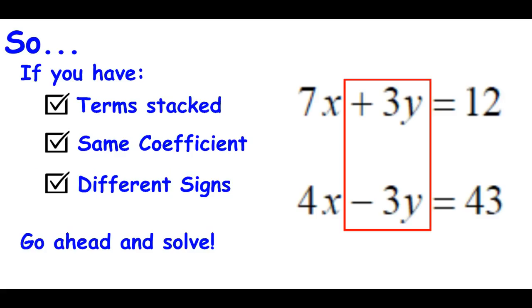If I have terms that are stacked, same coefficient, different signs, go ahead and get rid of that variable. Once you're done, plug it in for the other one. Pick one of the original equations. Solve for that, which is a two-step equation. Add or subtract first, divide last. That will give you the two parts of your ordered pair.